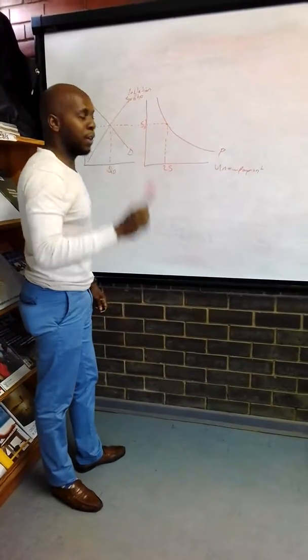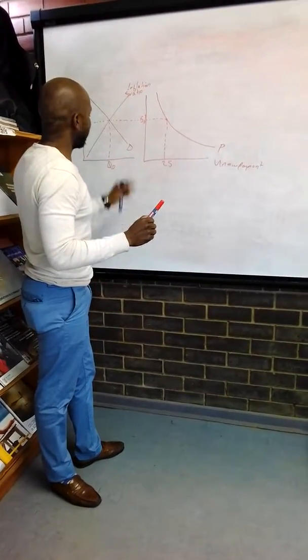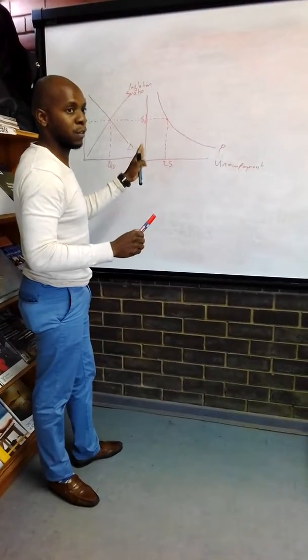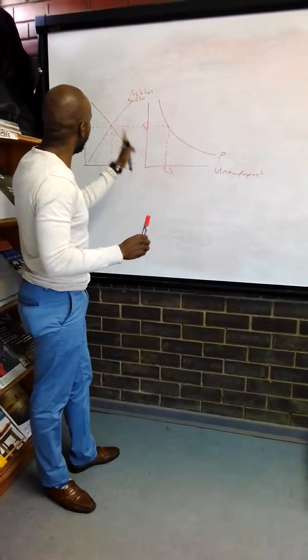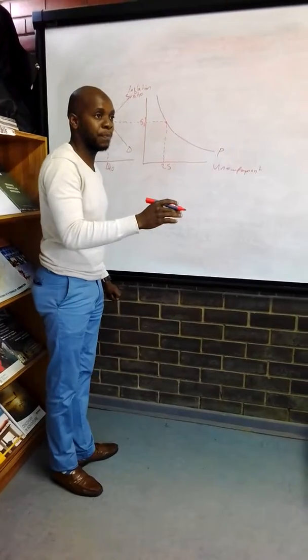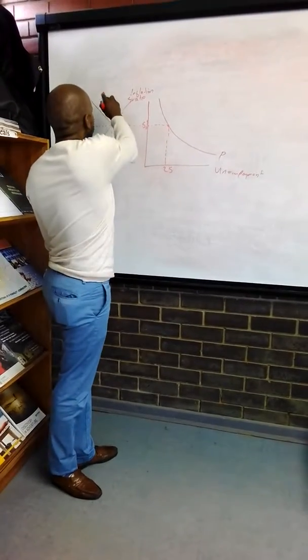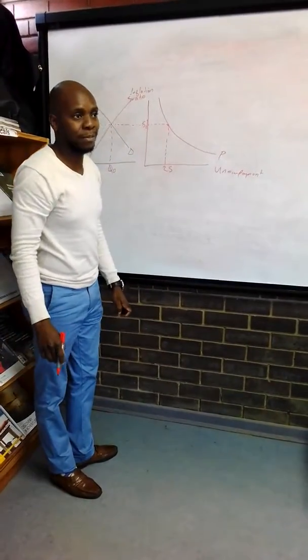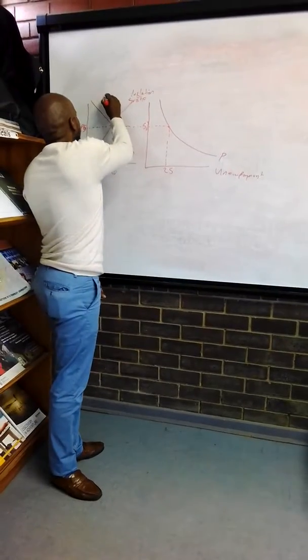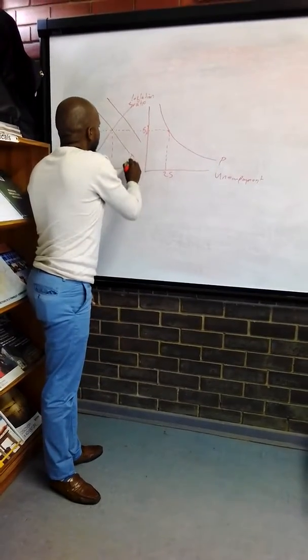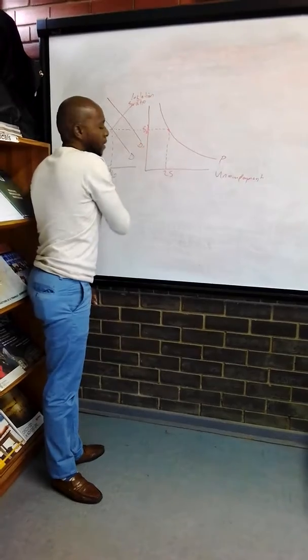So, if there's an increase in the demand for goods, we use a demand side policy. There will be a rightward shift of the demand curve. We can see a shift from D to D1.